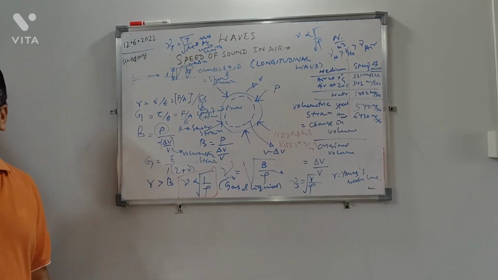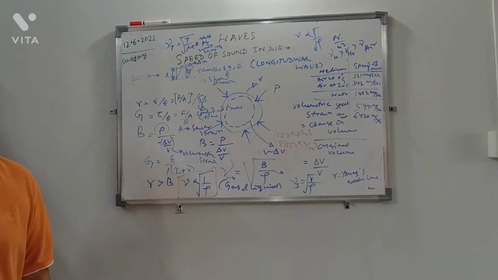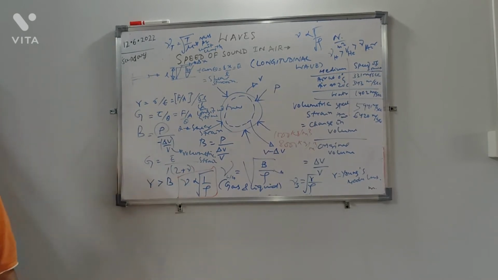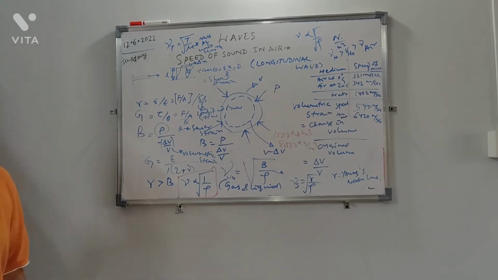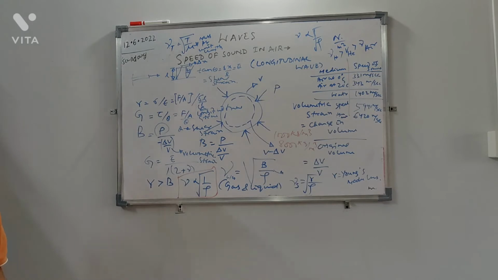The velocity of light is 3 lakh kilometer per second, so light travels much faster and you see it first, whereas sound travels at a lesser speed. So after some time you hear the thunder.